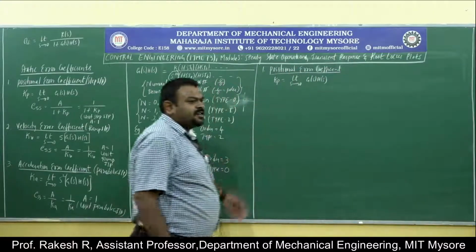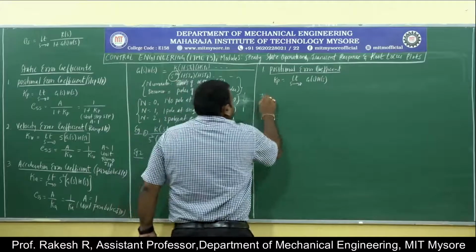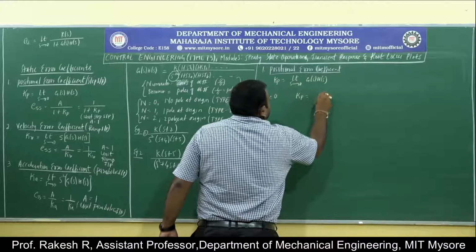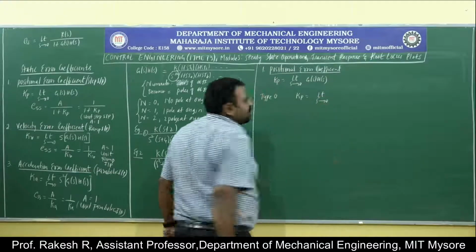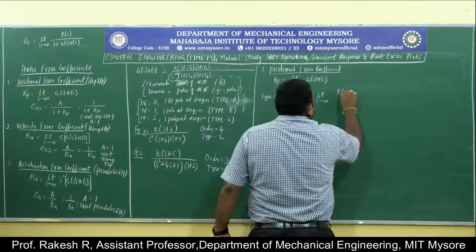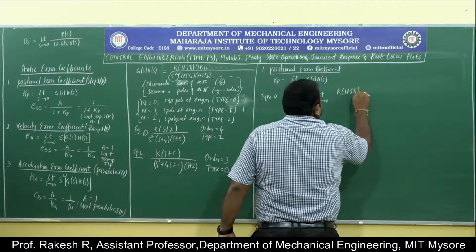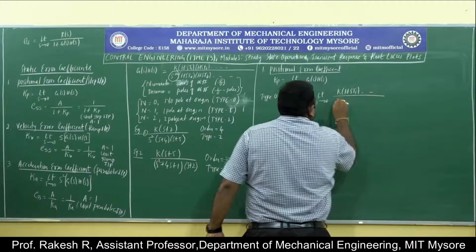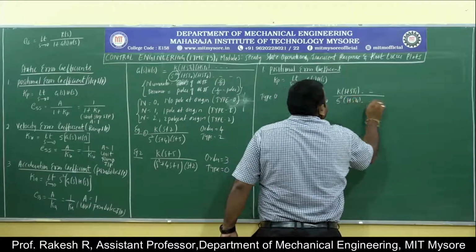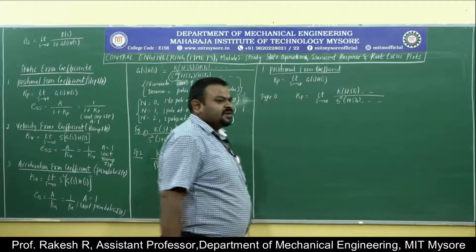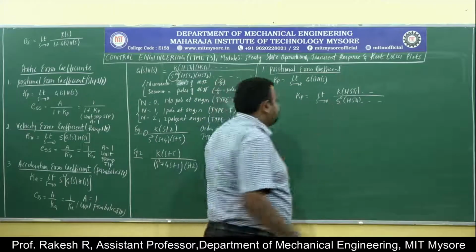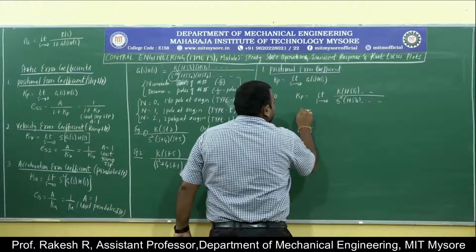So if I consider a type 0 system, positional error coefficient will be limit of s tends to 0. What is G of s, H of s for type 0? K into (1 plus s T1) etc. divided by s to the power of 0, (1 plus s Ta) like that etc. If I solve the limit, s to the power of 0 here, then I will get a certain value.